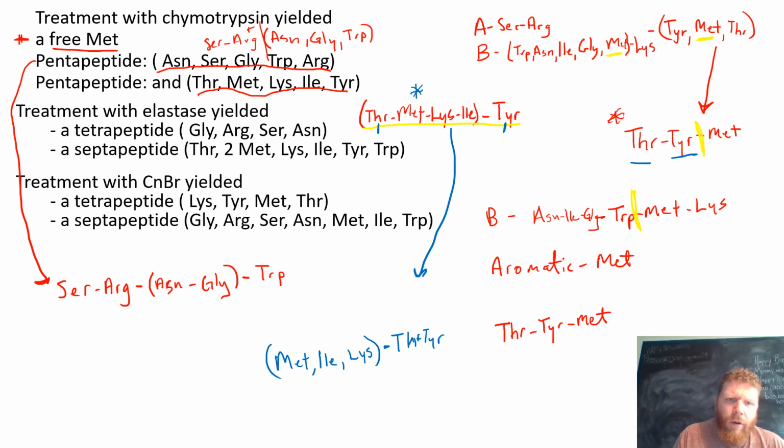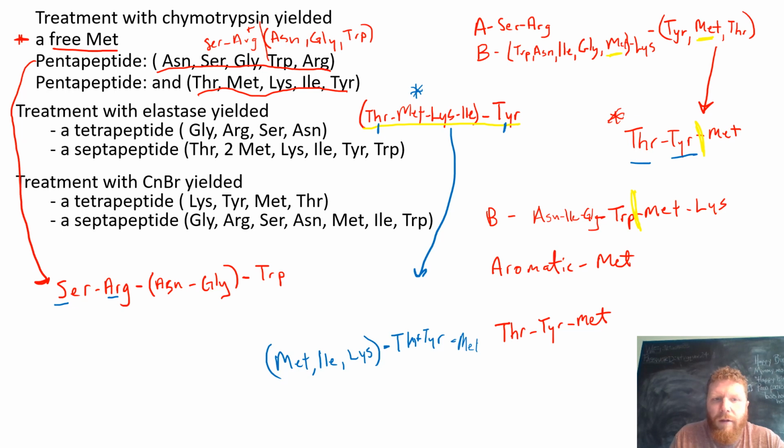So now what we've done is we've taken this 11 amino acid long polypeptide and we've started to reconstruct it. So we know that at the N terminus we have a serine followed by an arginine. Then we have an asparagine or a glycine followed by a tryptophan. We have another peptide that results, that's a methionine, isoleucine, or lysine, followed by a threonine and a tyrosine, followed by our free methionine.